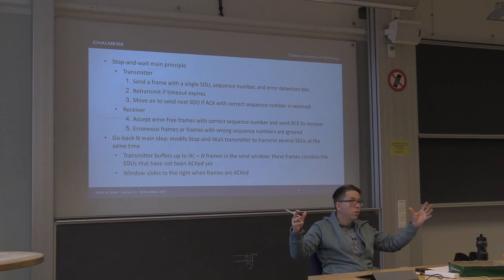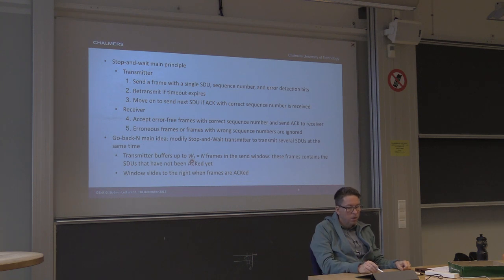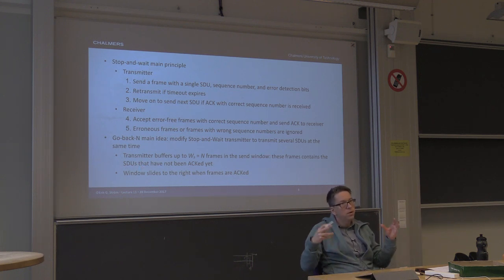This buffer is also called the send window, and the send window has space for a number of frames, WS frames, and we need to store at least N of those, the same N as in go back N. The send window contains the service data units, so actually the frames which have been transmitted but not yet acknowledged.